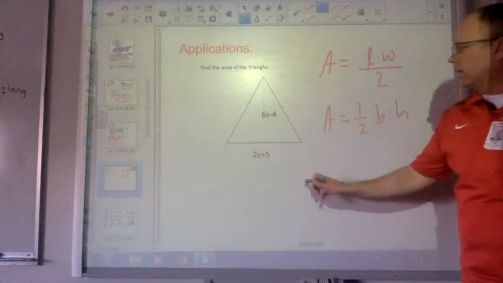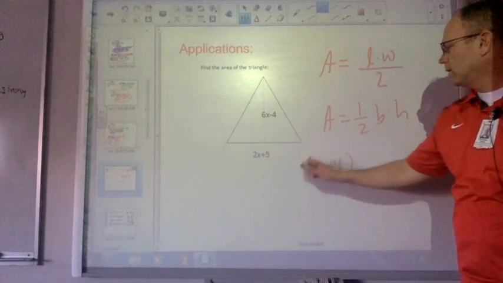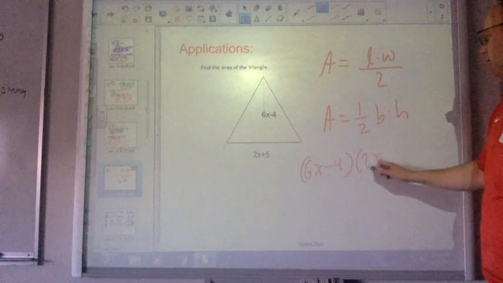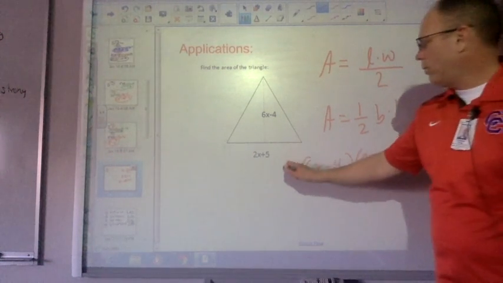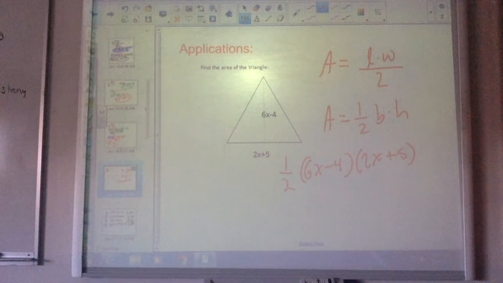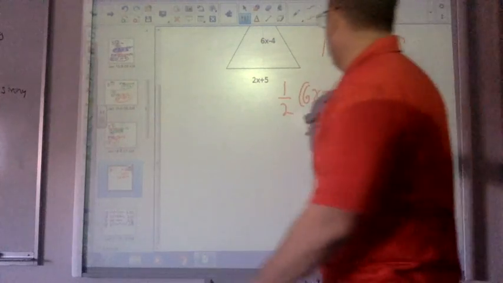So let's see. I'm going to go 6x minus 4 times 2x plus 5. And we'll do 1/2 of that eventually. Is that okay so far? So that'll find us the area. Let's not worry about the 1/2 right this very second. Let's take care of the 1/2 at the end.